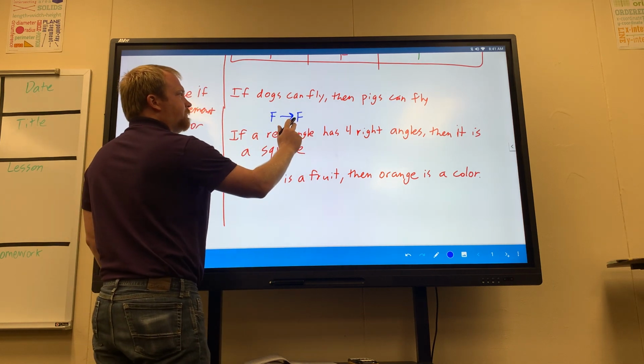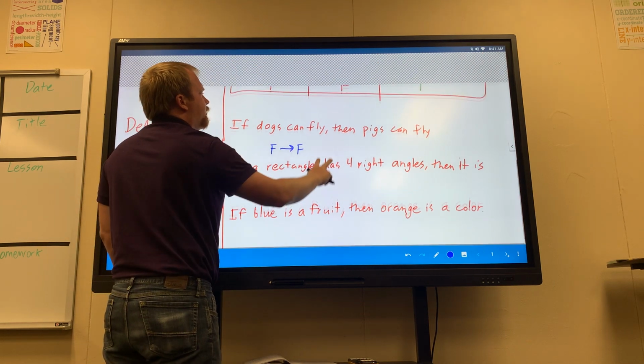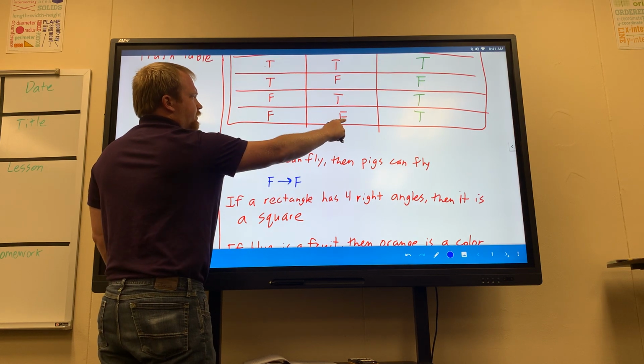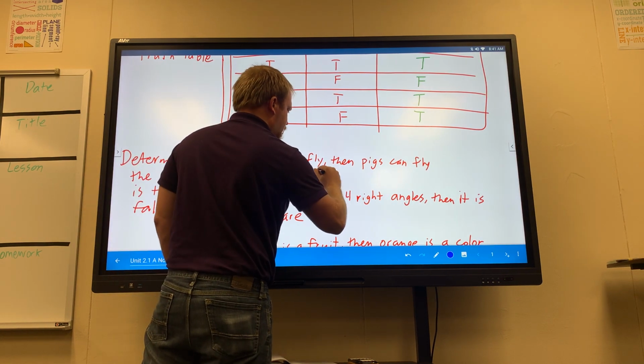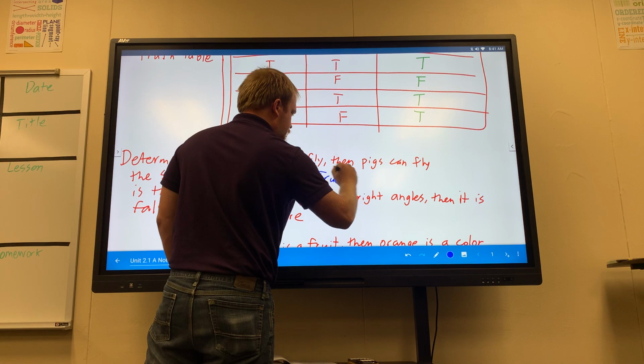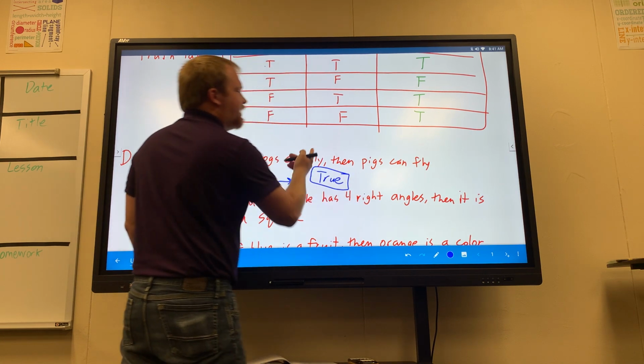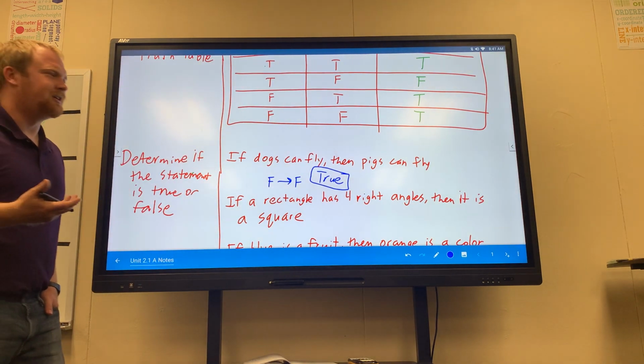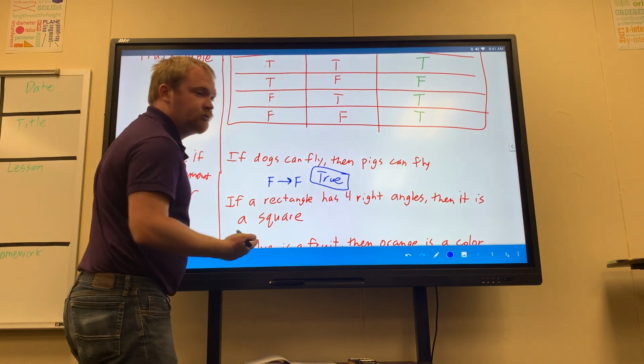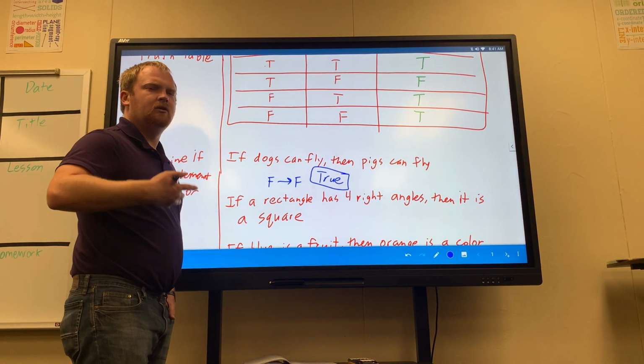So if it's false to false, looking at our tables right here, the statement is true. Now, a statement like this doesn't really make any sense at all, but when it comes to truth values, it is true.